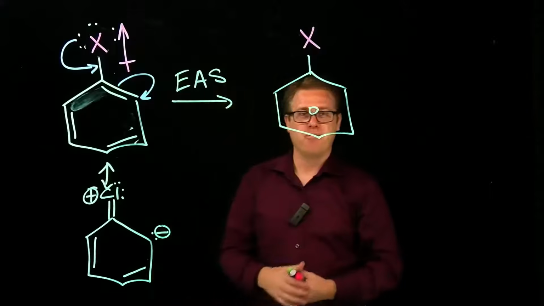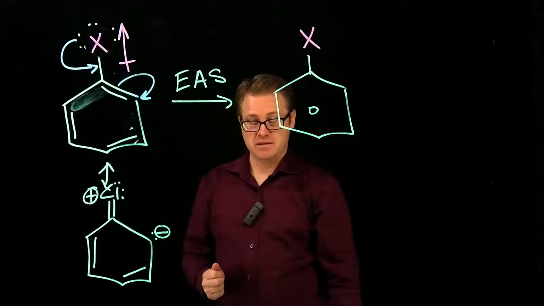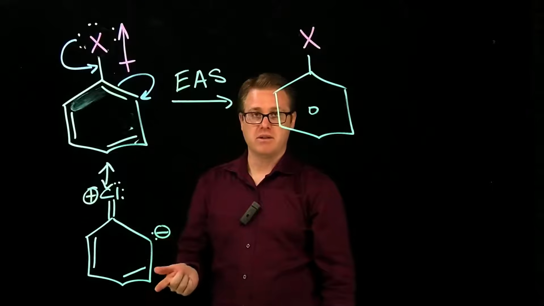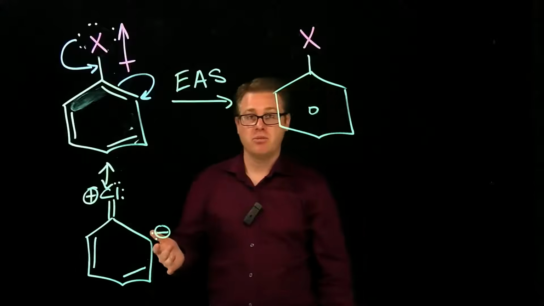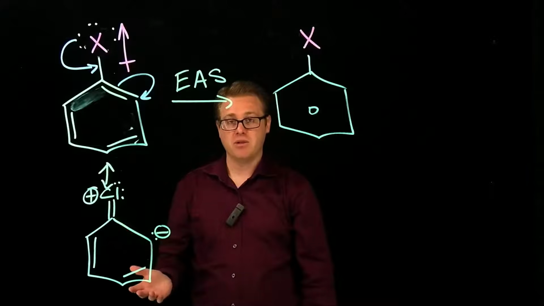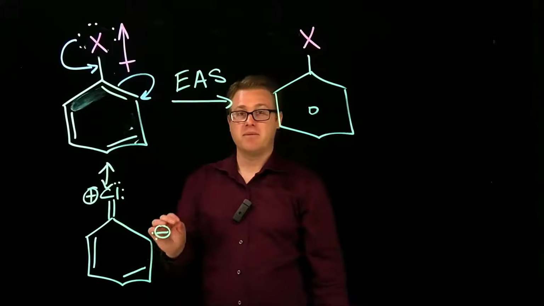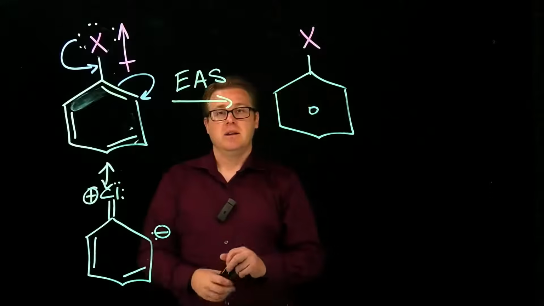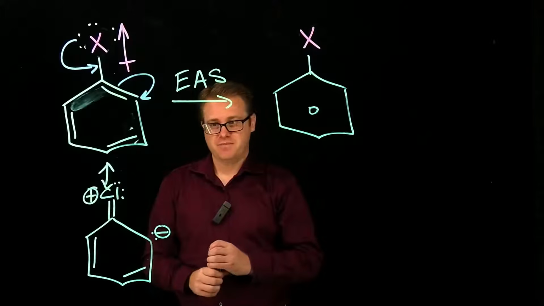So let me recap one more time. If you have activating groups, they are always going to be ortho-para directors. If you have an electron withdrawing group or a deactivating group, then it's meta directing, except for halogens. Halogens are deactivators, but ortho-para directors.